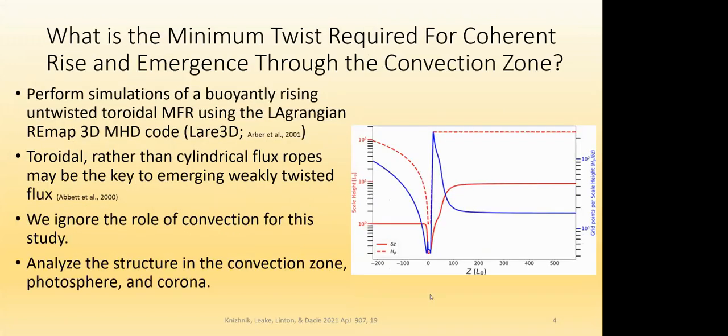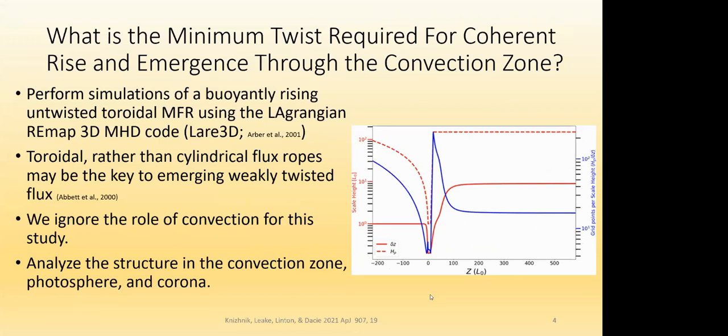Based on a suggestion actually in one of Bill Abbott's papers in the early 2000s, we thought that the answer might have to do with the shape of the rising flux rope. Most of the papers that study flux emergence use a cylinder that is made buoyant in some small section of it and rises as an omega loop.